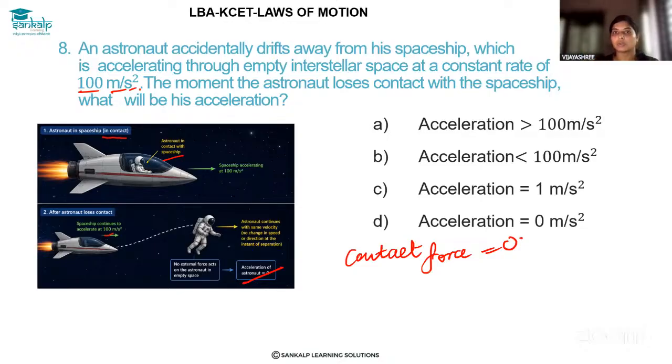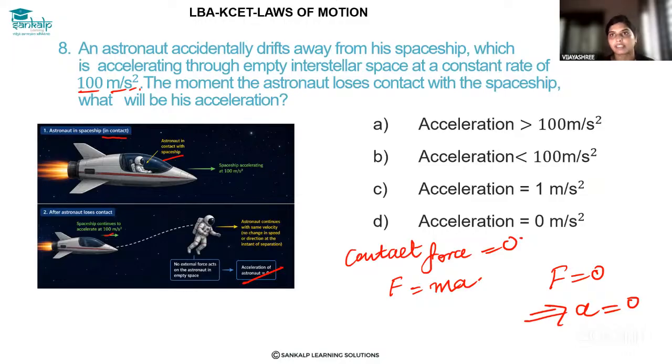So according to Newton's law, what happens? According to Newton's law, F is equal to mass into acceleration. No external force means F is equal to 0. When he loses contact with the spaceship, F is equal to 0, because the external force acting on the astronaut is equal to 0, which implies the acceleration acting on him is also 0.